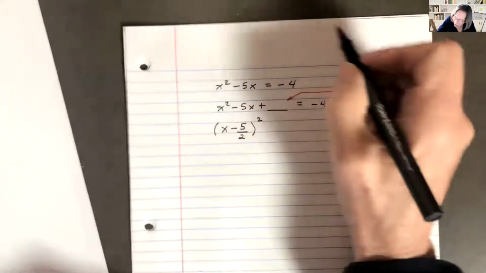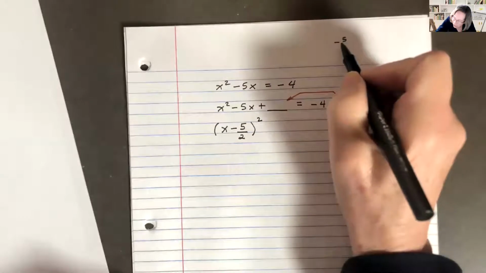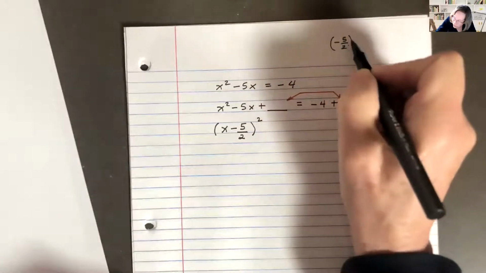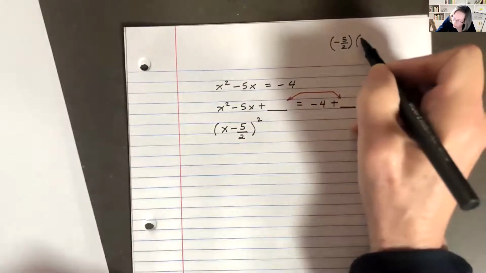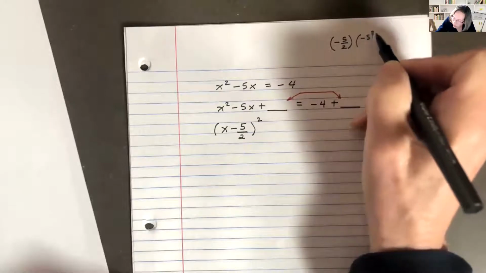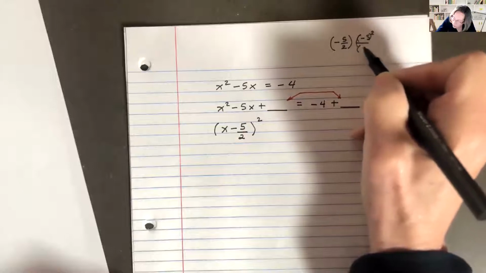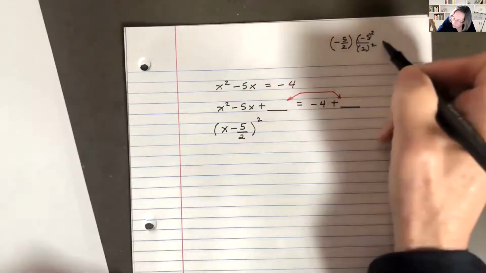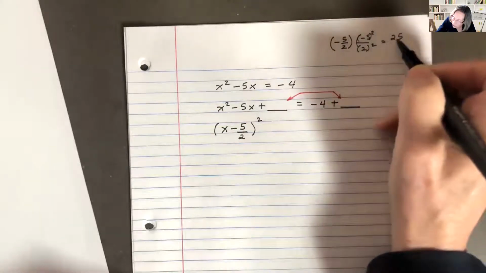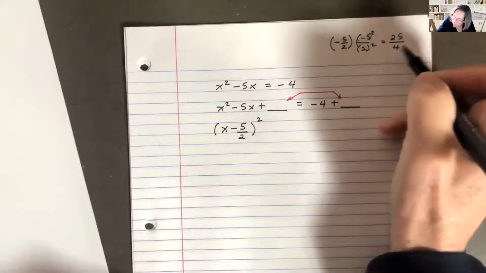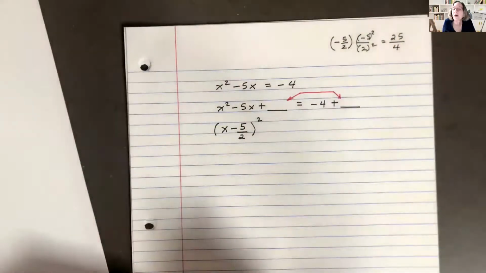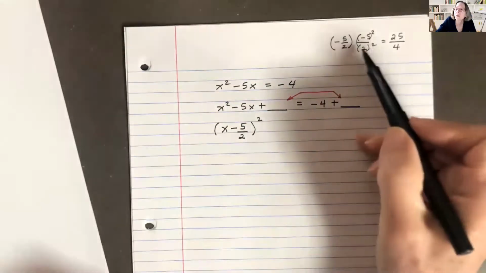So when I square -5/2, it's like I'm squaring the -5 and I'm squaring the 2. So I get 25 in the numerator over 4 in the denominator. -5 squared is 25, 2 squared is 4.